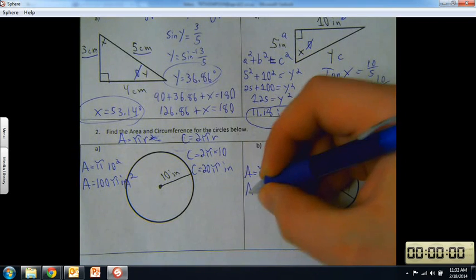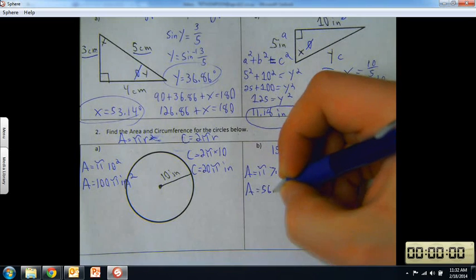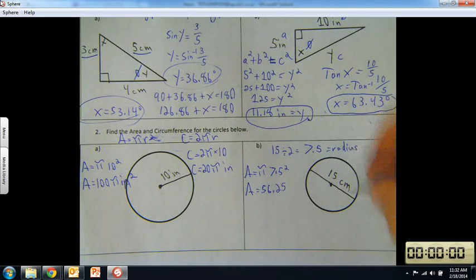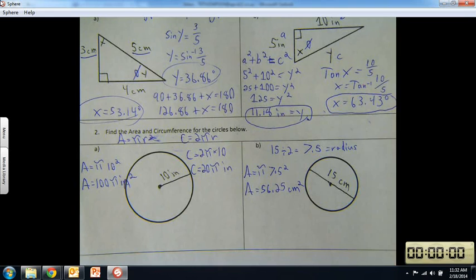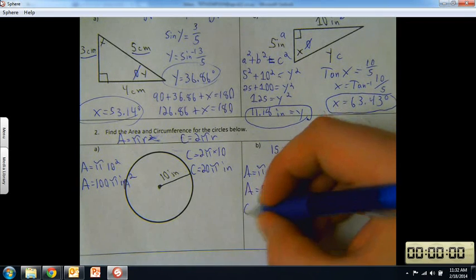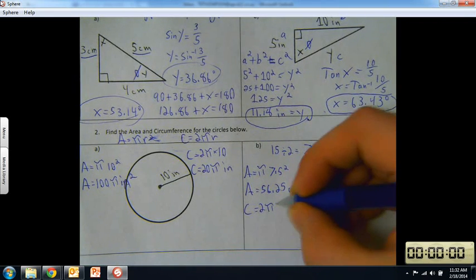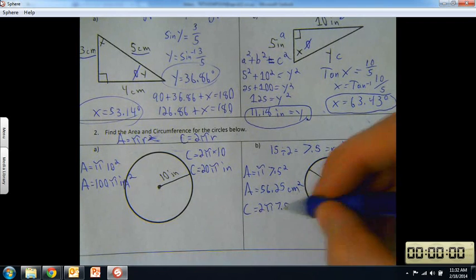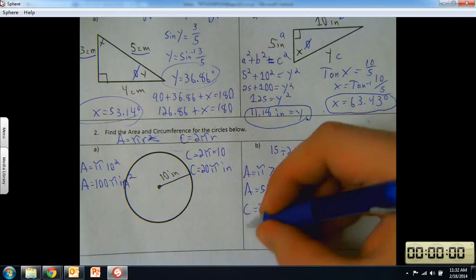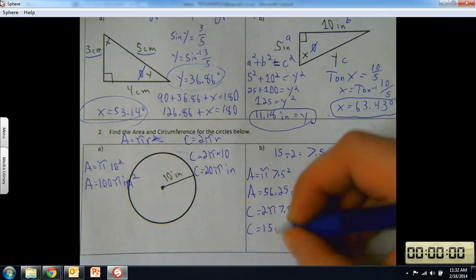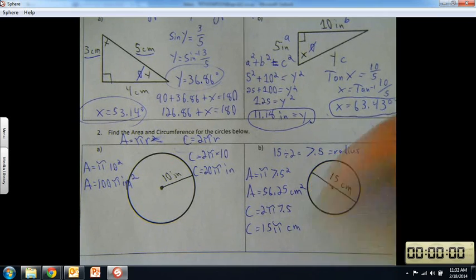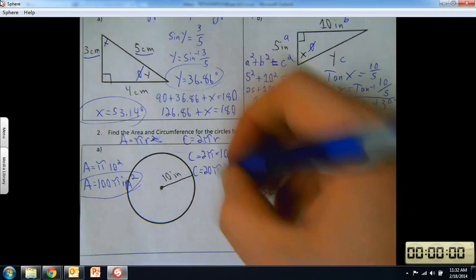So area equals 56.25 pi centimeters squared. Circumference, 2 pi 7.5. Well, 2 times radius just gives us the diameter again. So circumference is just 15 pi centimeters. Go back and circle all the answers.